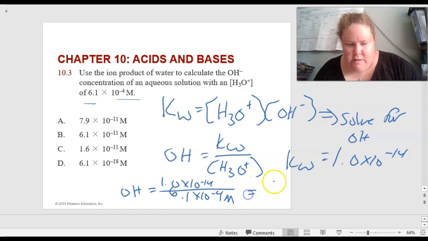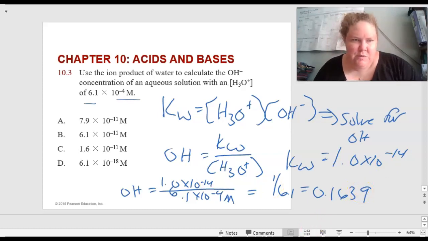So then when you work that out, that's 1 over 6.1, and that ends up being 0.1639. And then when you do the decimal places, right? So for decimals, let me put this over here. I'm running out of screen.